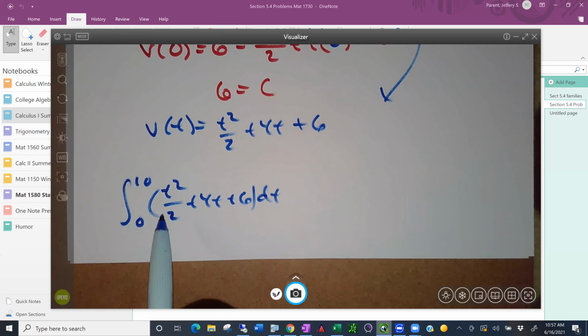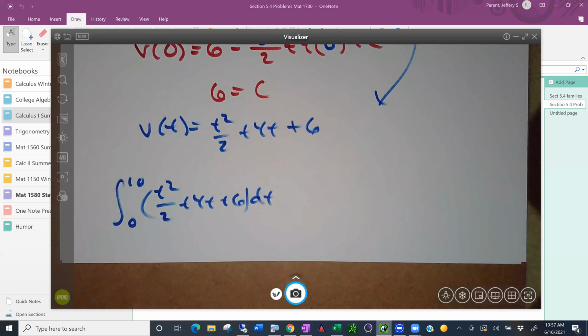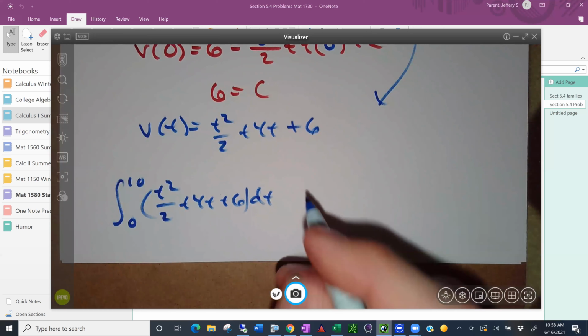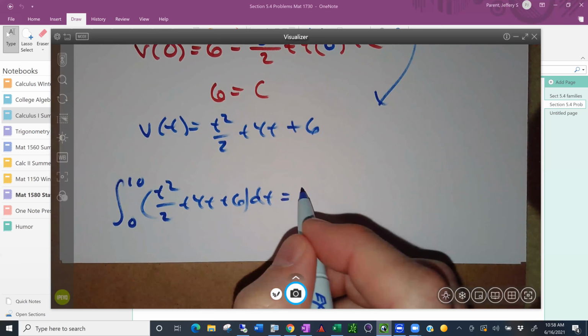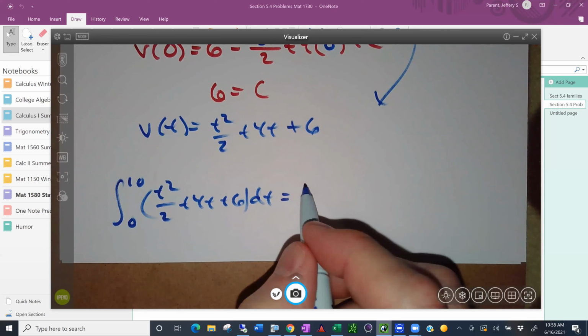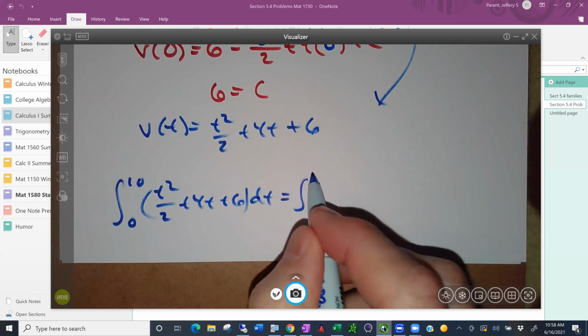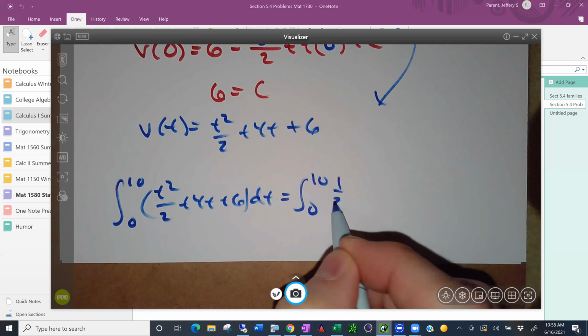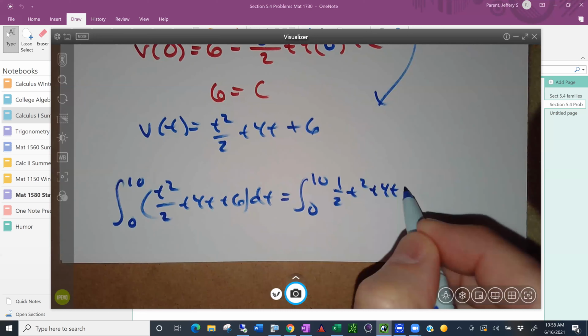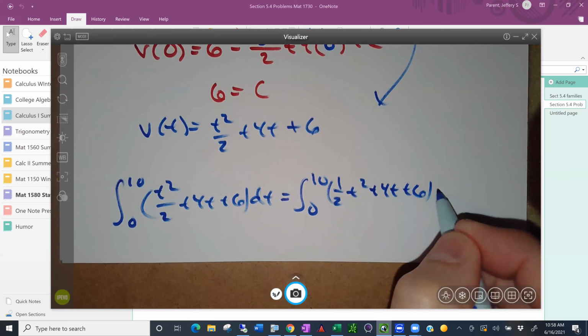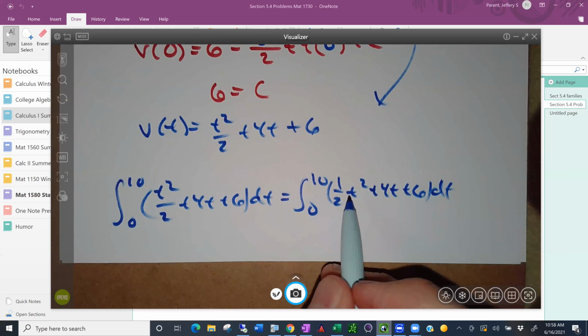Let's see if we can find an antiderivative here. What you might want to do, especially with that first one, is split that up a little bit. You might want to write that as the integral from 0 to 10 of 1/2 t squared plus 4t plus 6. But writing it as a fraction and pulling that fraction out in front is not a bad idea, because then you can just concentrate on integrating that.